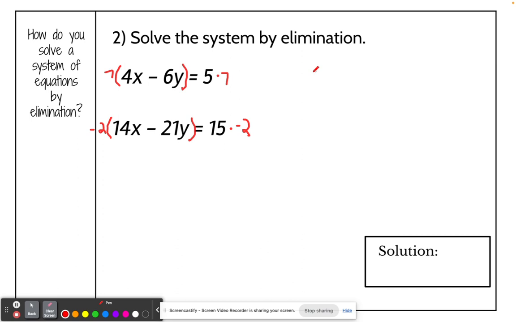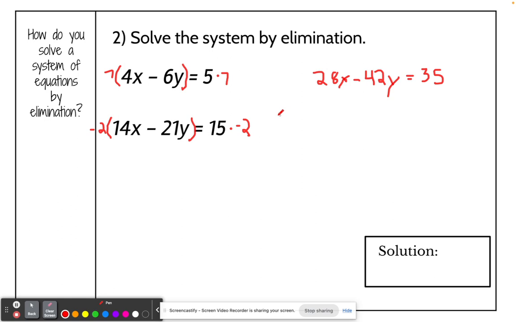Seven times 4, 28x. Negative 6 times 7, negative 42y. And 5 times 7 is 35. My second equation, like I said, I'm multiplying it by negative 2.